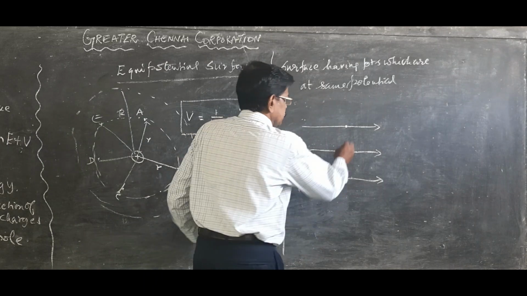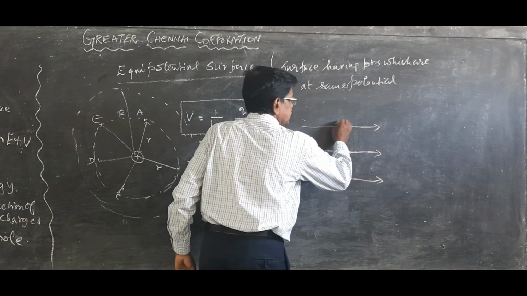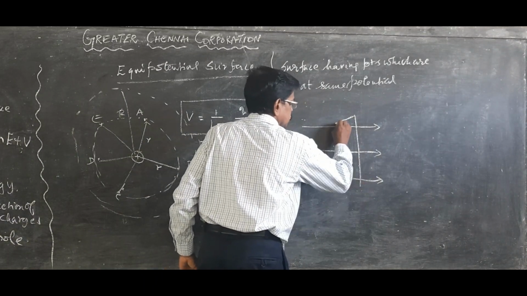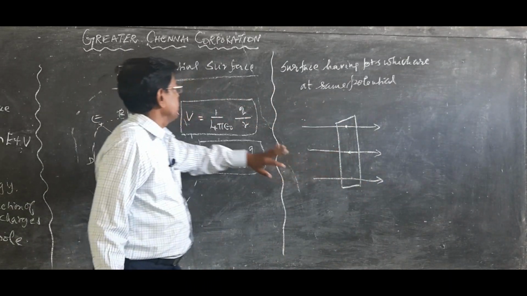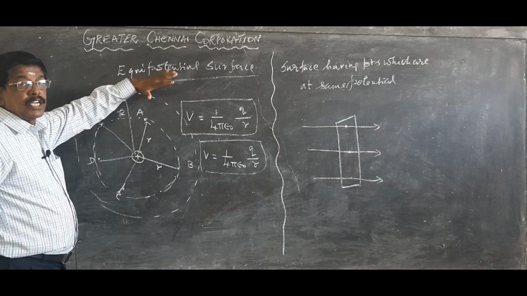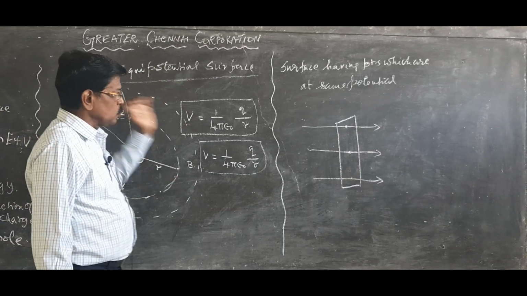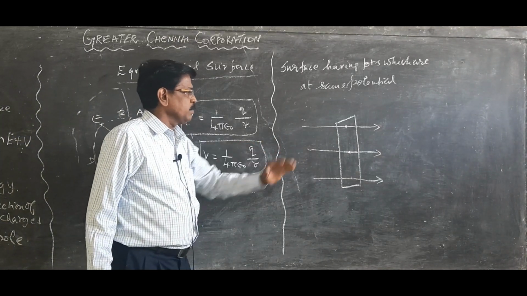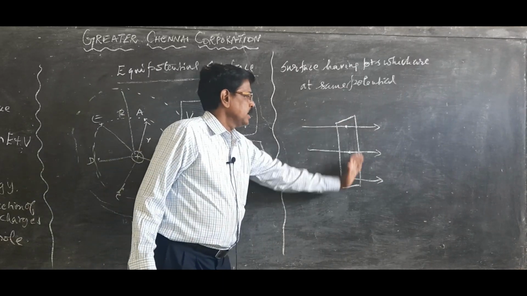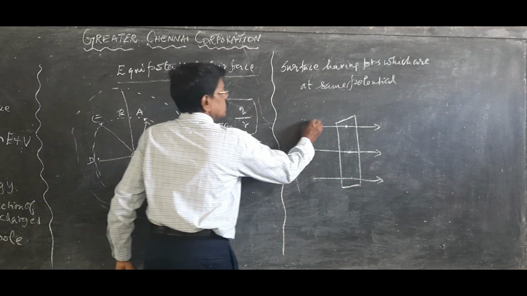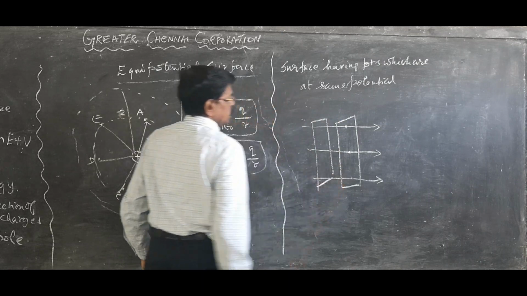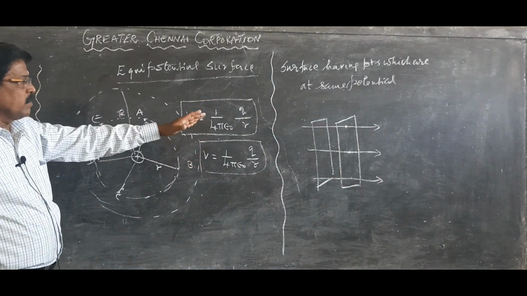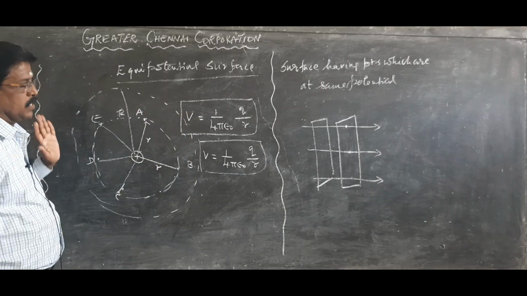So if this is the line, if you consider a plane surface, say a rectangular plane, this rectangular plane surface is known as an equipotential surface. So for the uniform electric field, the equipotential surface is a planar surface. Likewise, we can have any number of equipotential surfaces.